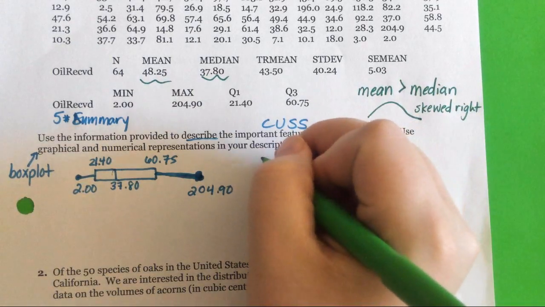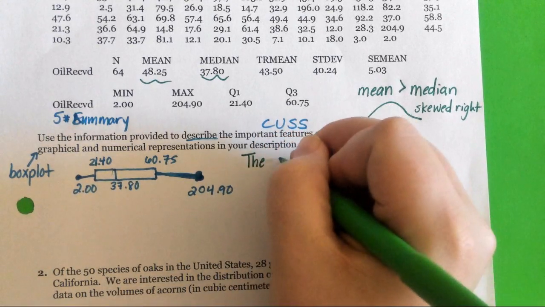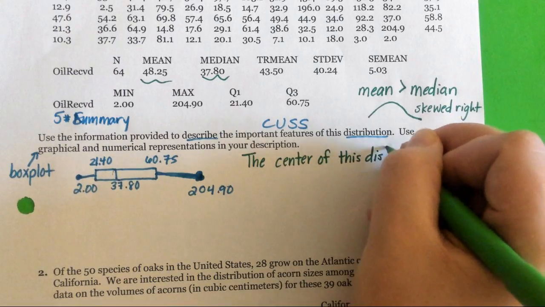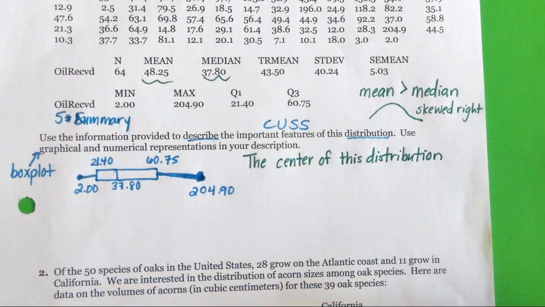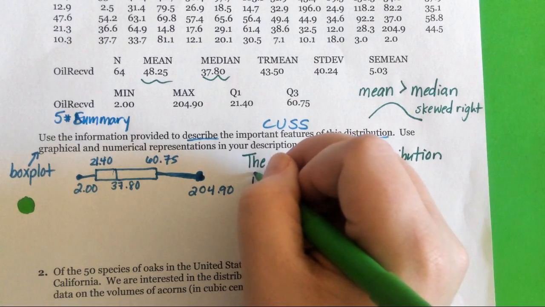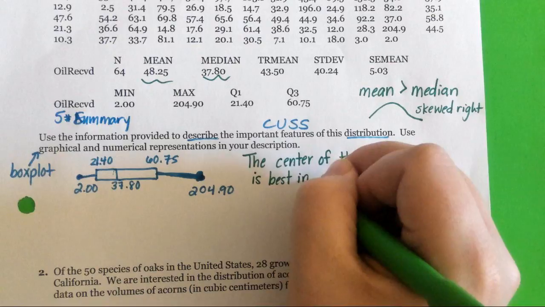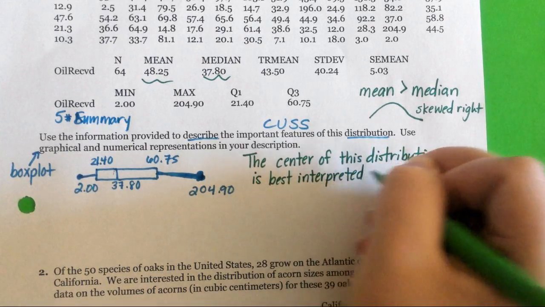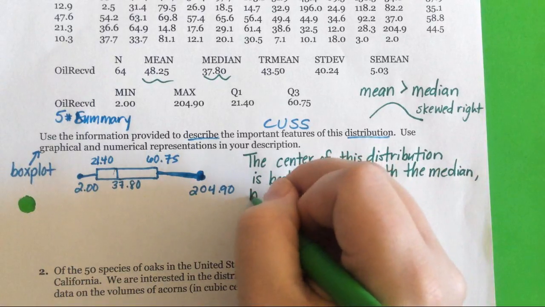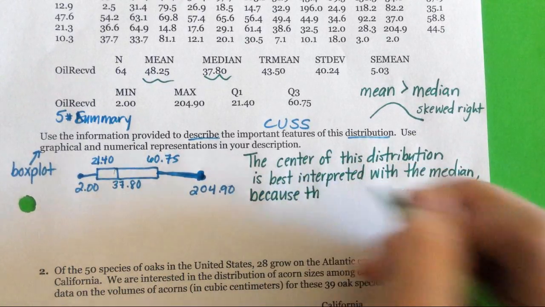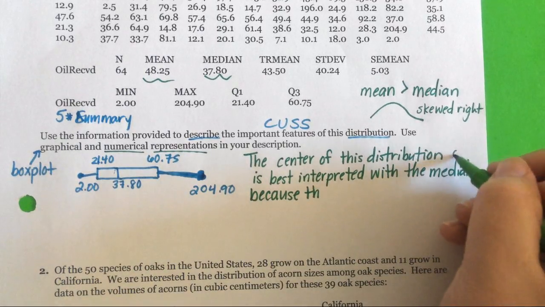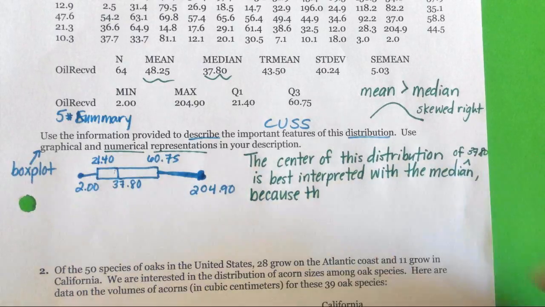So I could say the center of this distribution, and then I'm being way too technical, is best interpreted with the median because the median, and then it even said in the problem, use numerical representation, so I need to actually reference the number with the median of 37.80. But it's in thousands.